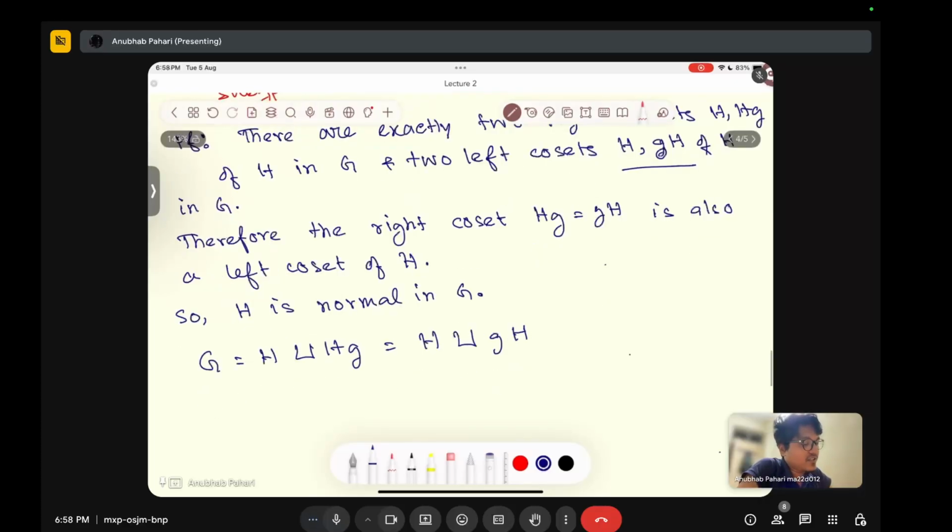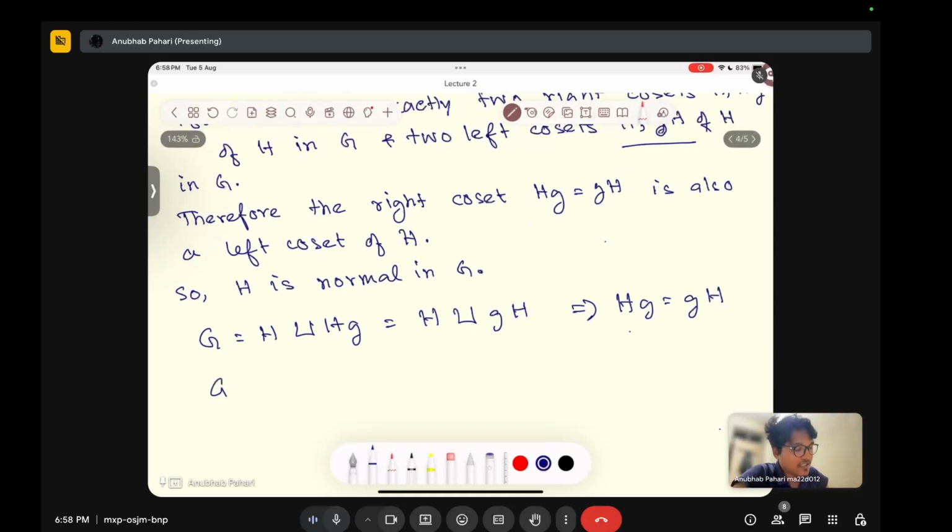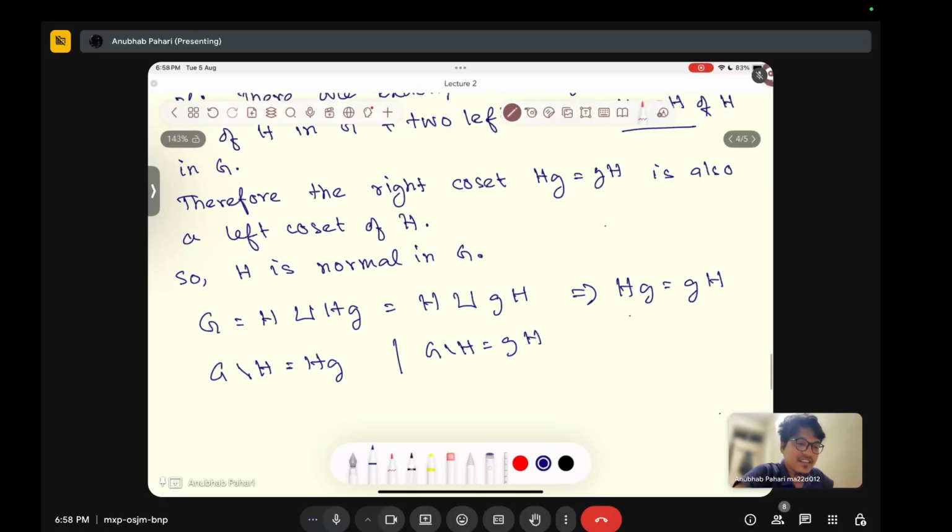From the set theoretic approach, this implies Hg equals gH, because these are disjoint unions, so the elements get separated. This means G minus H equals Hg, and from here again G minus H is gH. Does this make sense?